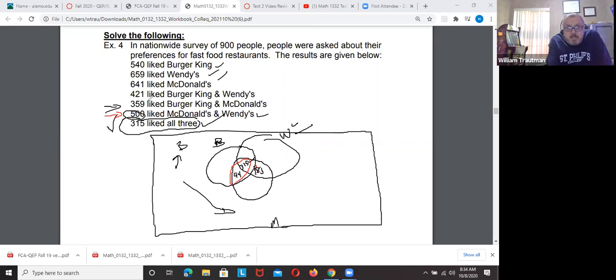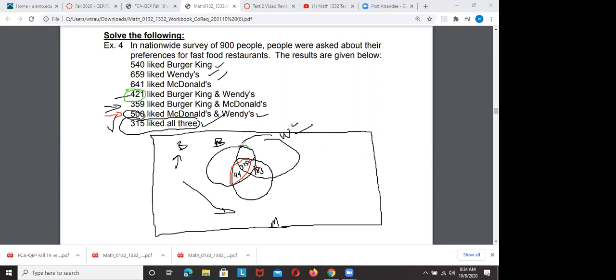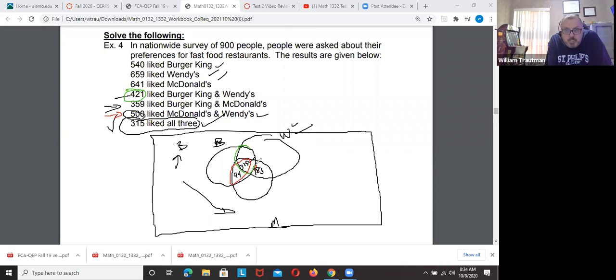315. And then finally 421. I'm going to change it to green. It's Burger King and Wendy's. We're doing this one now. 421 Burger King and Wendy's.